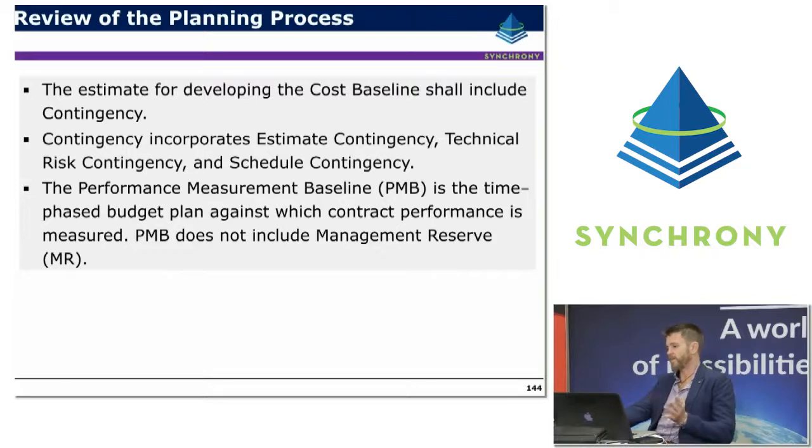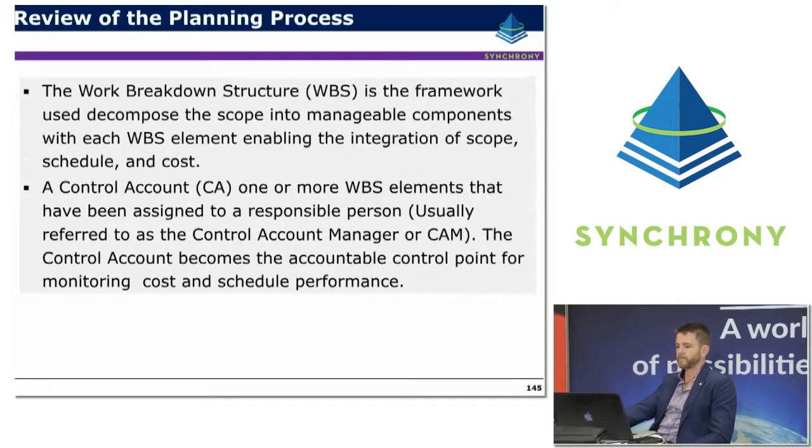So the estimate for developing the cost baseline includes contingency, and contingency includes those three categories that we spoke about earlier: the estimate contingency, the technical risk contingency, and the schedule contingency. So the PMB is the time-phased budget plan, against which contract performance will be measured. It doesn't include the management reserve, but it includes all of the technical scope and contingency.